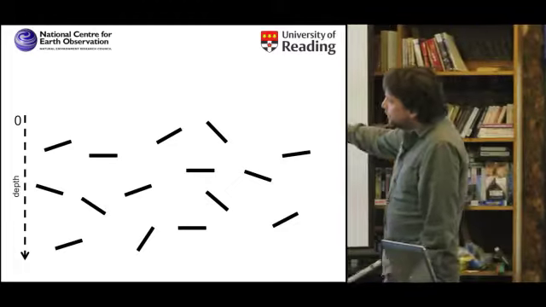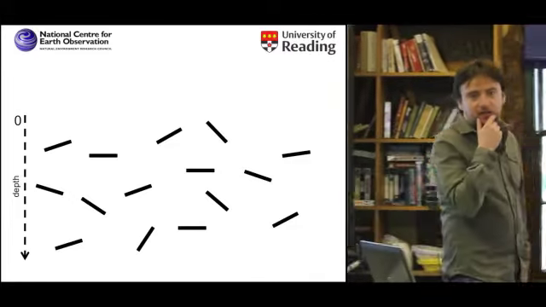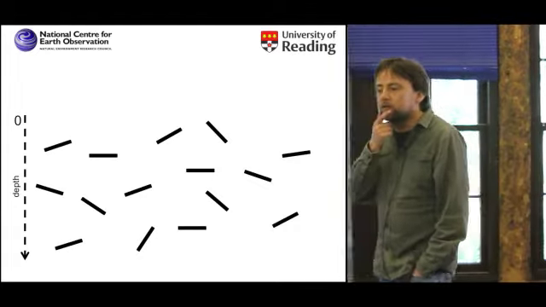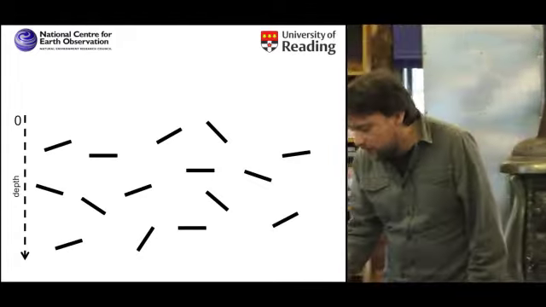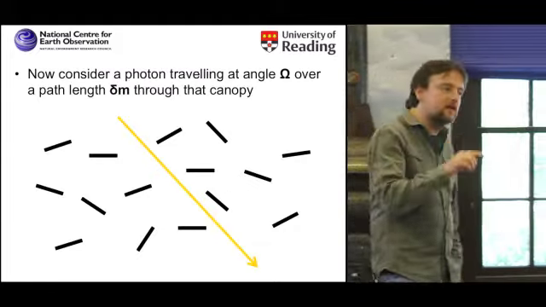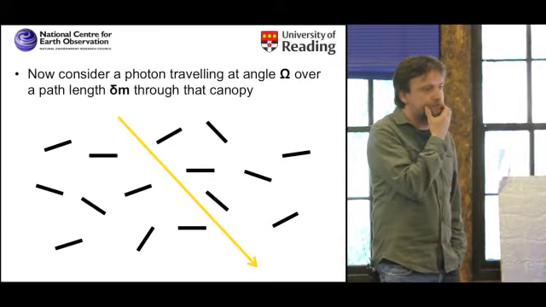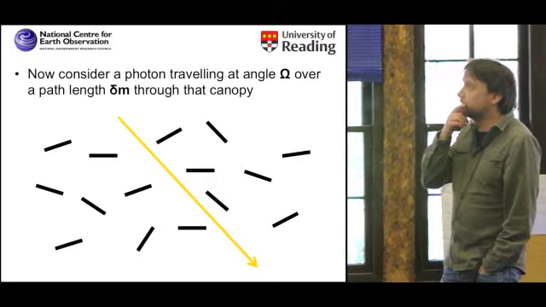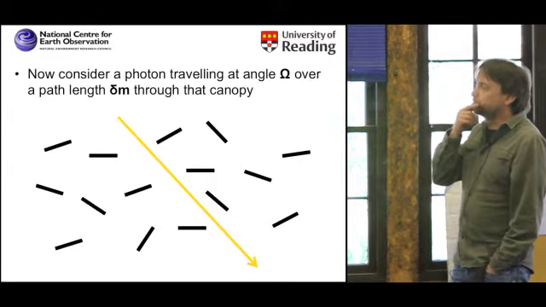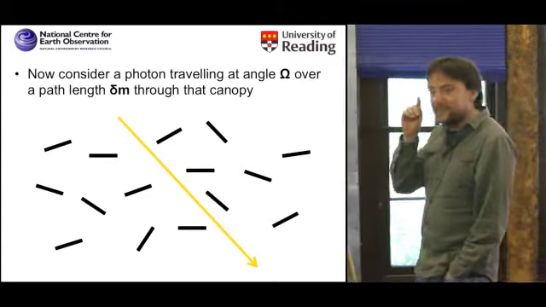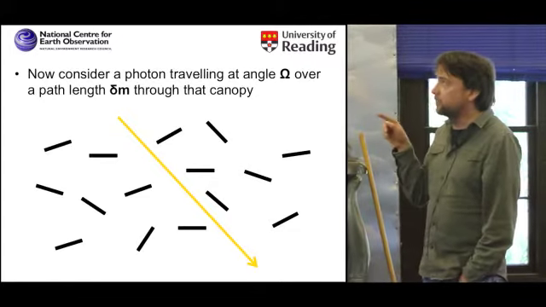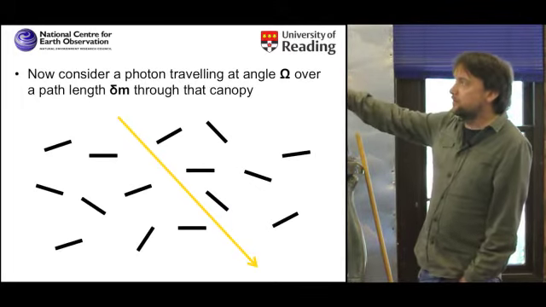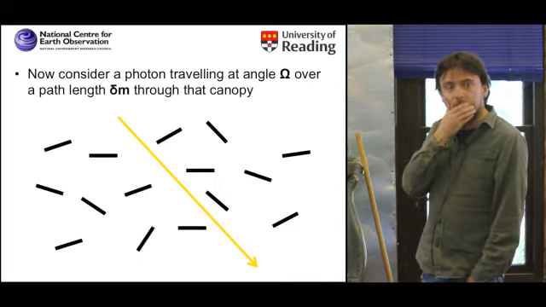My first variable that I'm going to talk about is the depth through the canopy. Okay? So I'm introducing a variable that sometimes is called Z. I've also tried to make my notation as close to Dennis's as possible. There's a particular note where I've not achieved that. So let's consider a single photon traveling through that plant canopy at some angle over a certain path length. Okay?